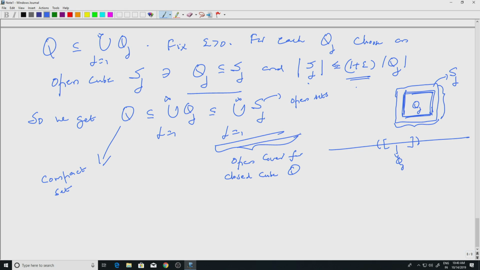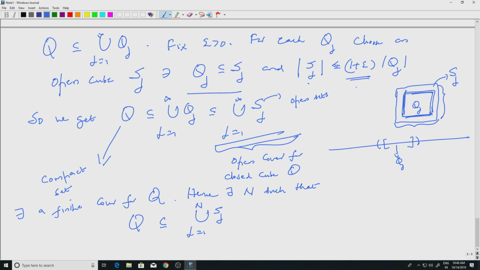So, there exists a finite cover for Q. Hence, there exists N such that Q is contained in the union of Sj, j equal to 1 to N. All of them may not be there, but some of them will form the finite cover.